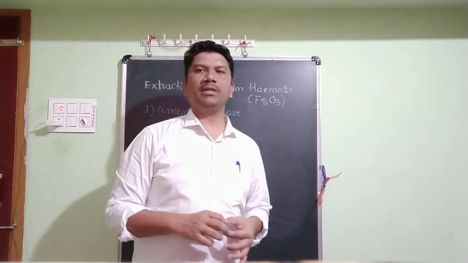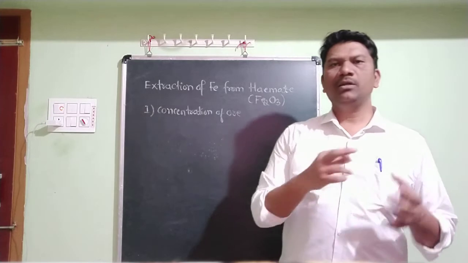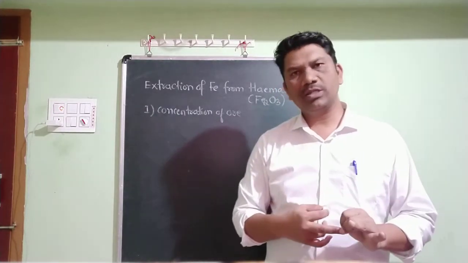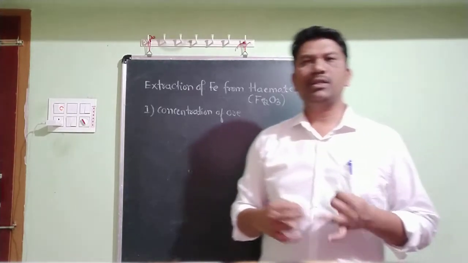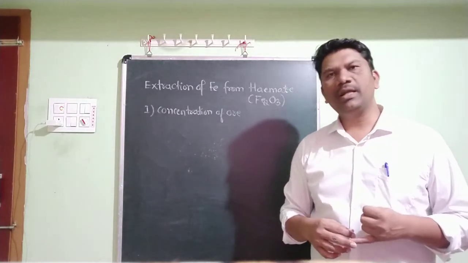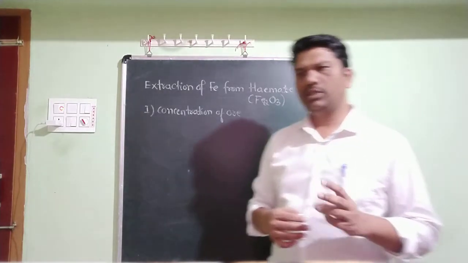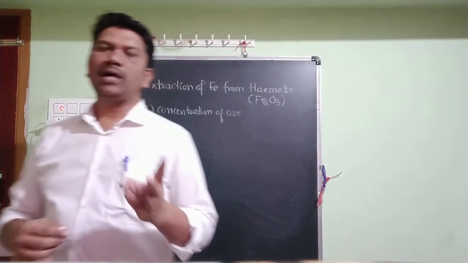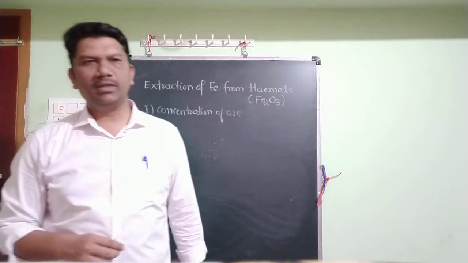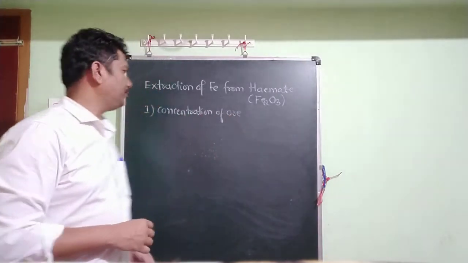There are 3 physical methods and 1 chemical method. Physical methods are the hydraulic washing method, magnetic separation method, and oil flotation process, and the 1 chemical method is leaching. Among these 4 methods, the hydraulic washing method is the suitable method. Therefore, by using hydraulic washing method, the hematite ore is concentrated. So this is step number 1.